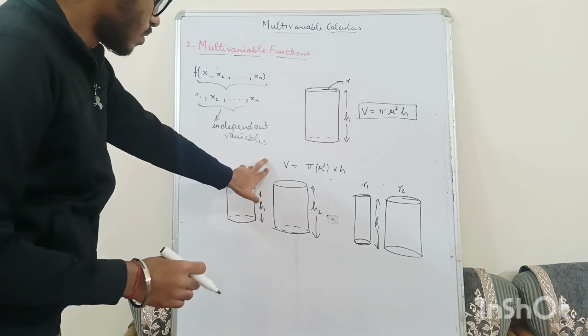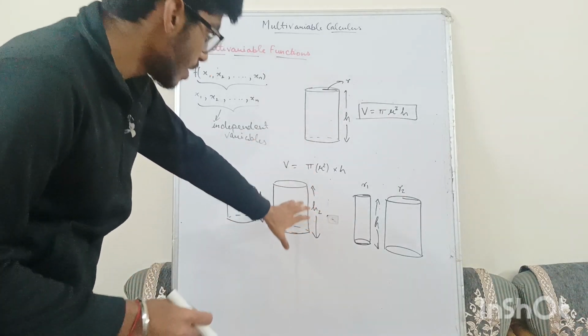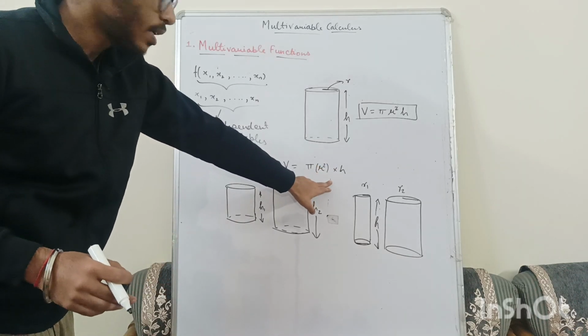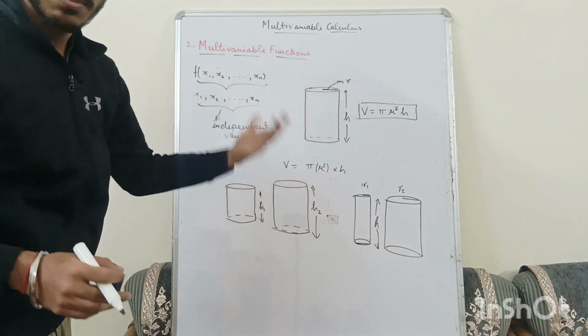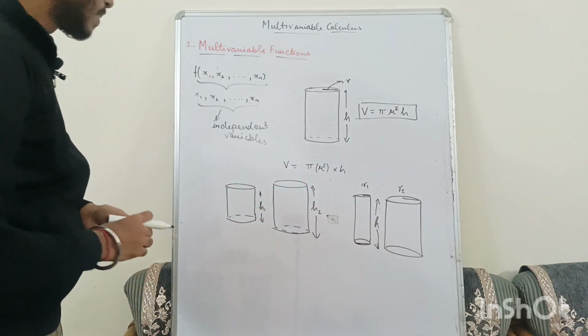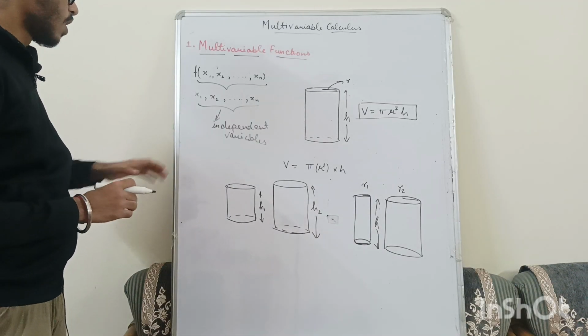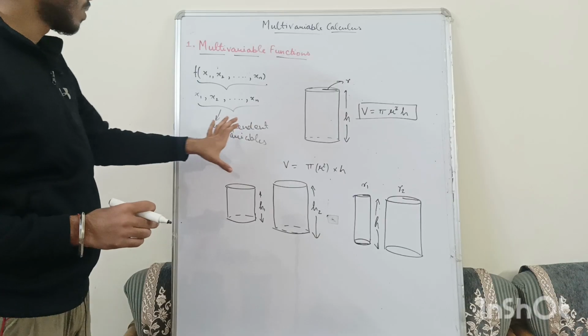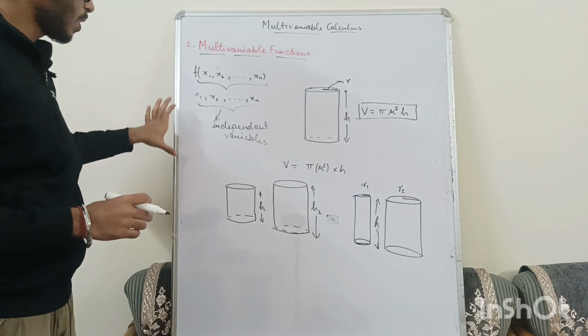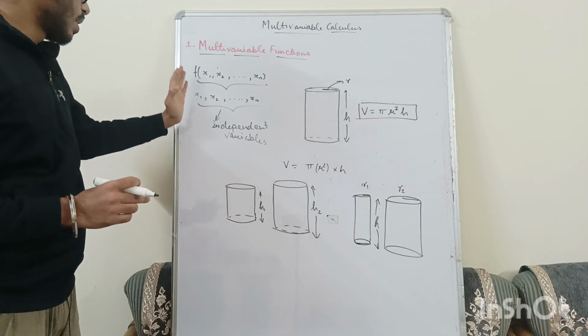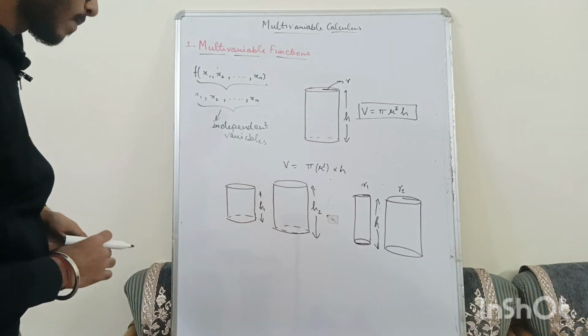So here the volume of the cylinder is dependent on radius and height. So volume of a cylinder is a multivariable function, right? So this is the idea about multivariable functions: functions which are dependent on more than one independent variable, like x1, x2 and xn, right?